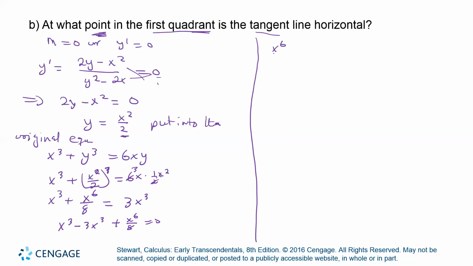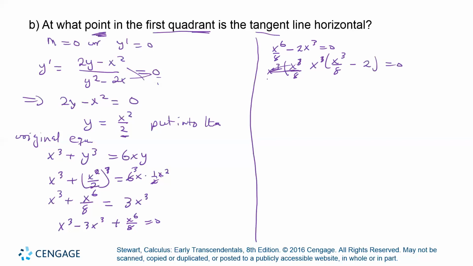Then that gives us x to the 6 over 8 minus 2x cubed equal to 0. Factor x cubed out, and then you have x cubed times x cubed over 8 minus 2 equal to 0.